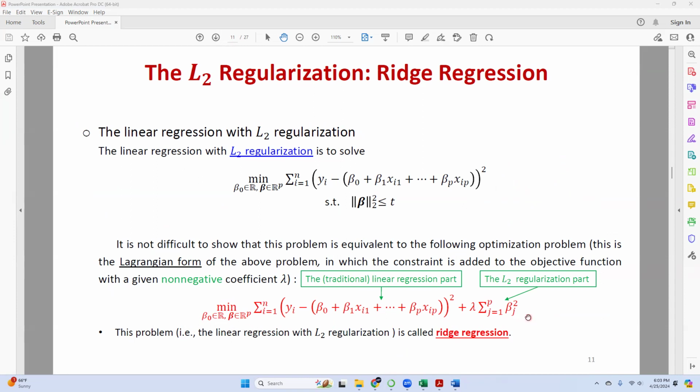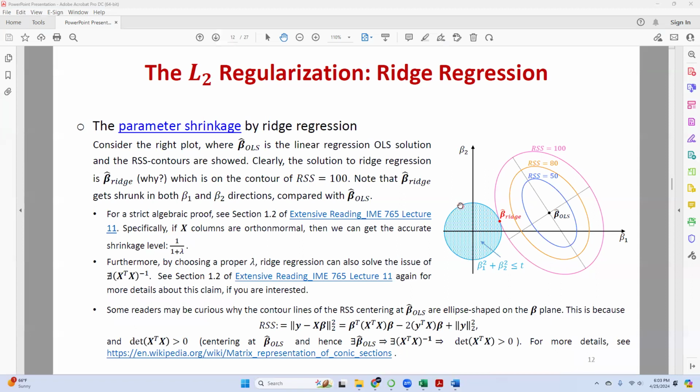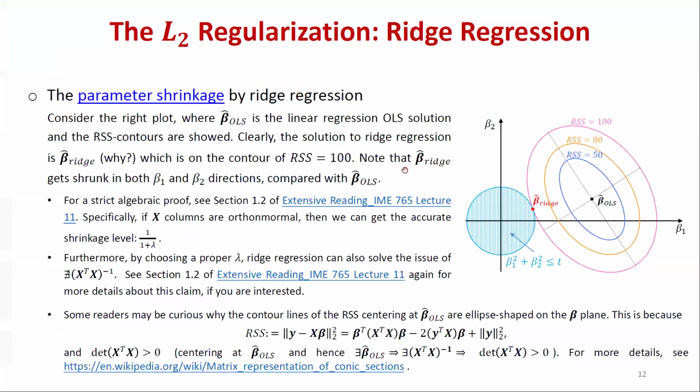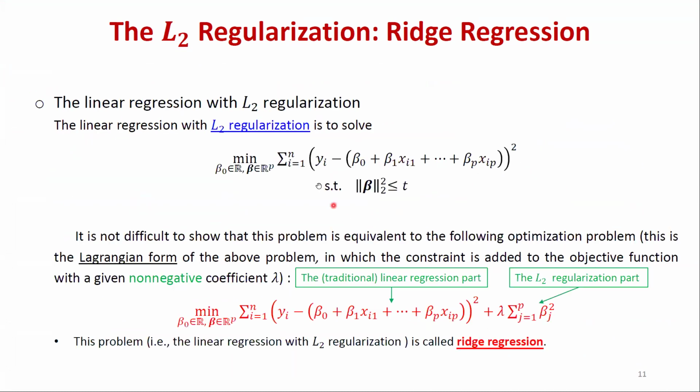Can I have an intuitive graphical understanding of it? Yes, we can. Suppose this is my beta hat OLS solution. Then I can always draw the contour plot of the RSS. What is the RSS?